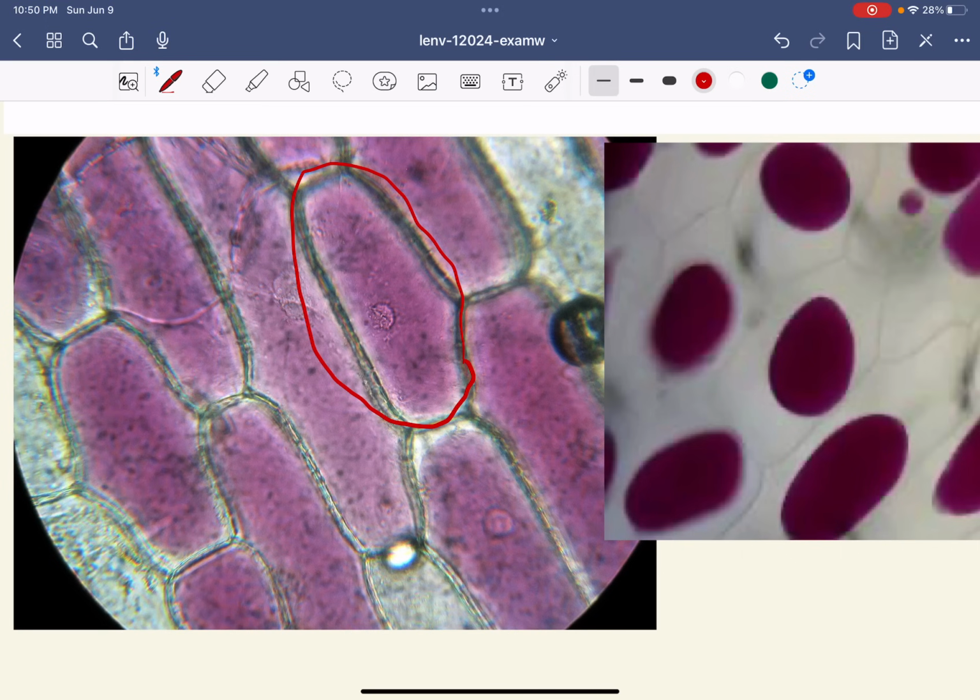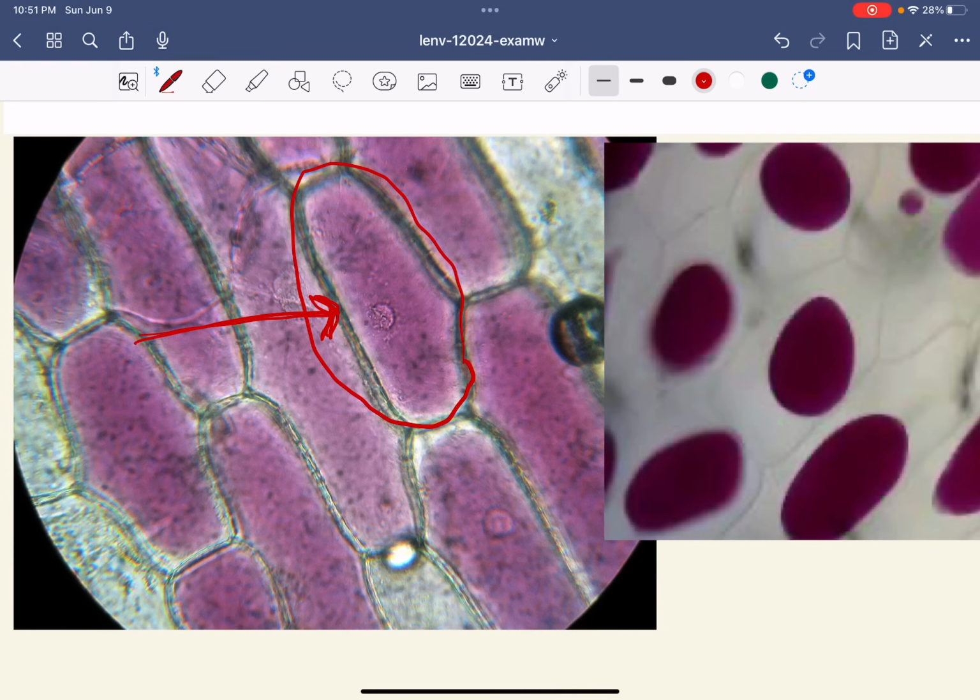Then what did you do? You took salt solution and added it to the slide on the side with a specific technique, which I talk about in my online class. So when you add salt to the onion cell, something very specific happens.